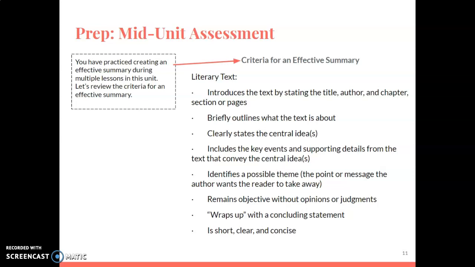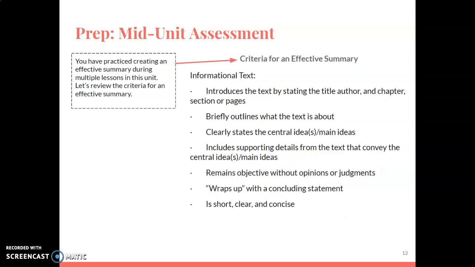Clearly state the central idea. Include key events and supporting details. Identify a possible theme. And you are not going to have any opinions or any judgments about the text. You're going to wrap that up with a concluding statement. This is going to be short, clear, and concise.